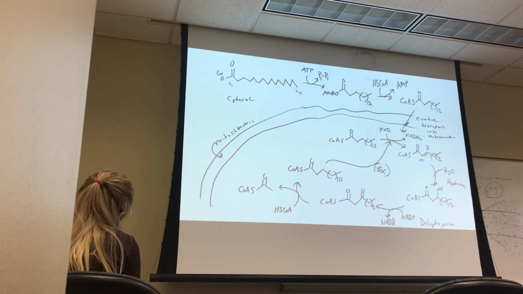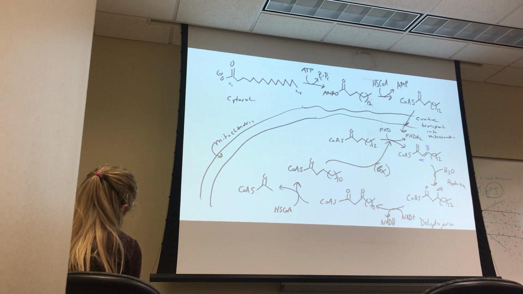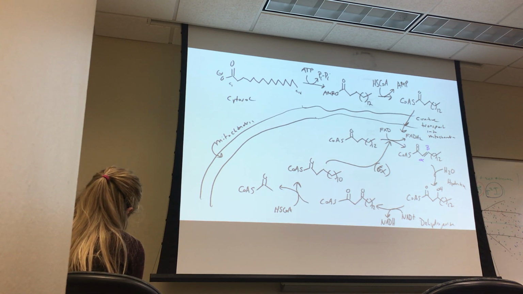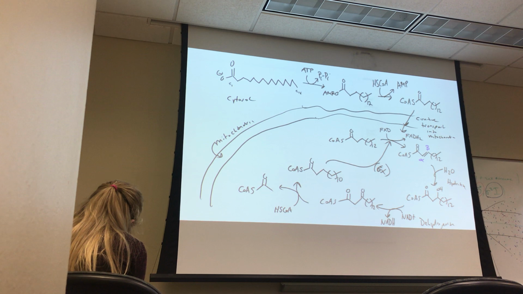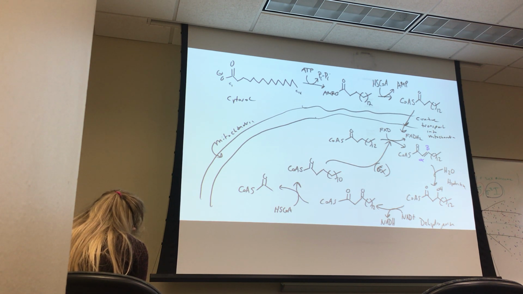Actually 6, because there's 14 left. So however many is there, there's 14 left. 14 divided by 2 is 7 minus 1, because on the final step, you get 2 acetyl-CoA. So that's how you can do it.